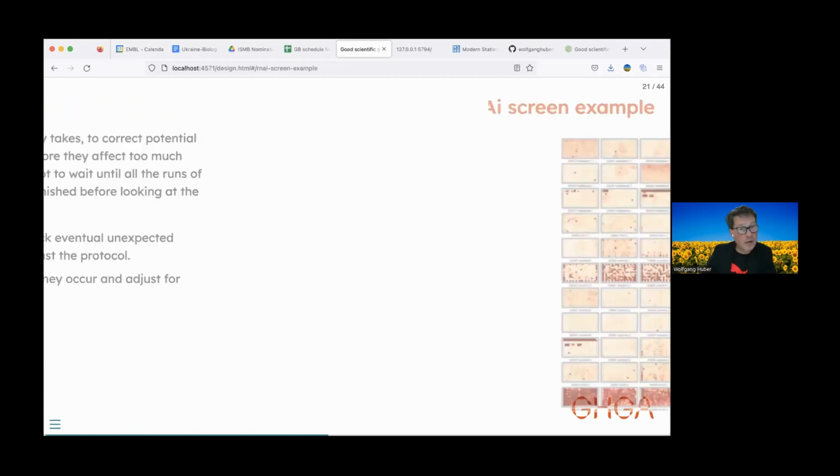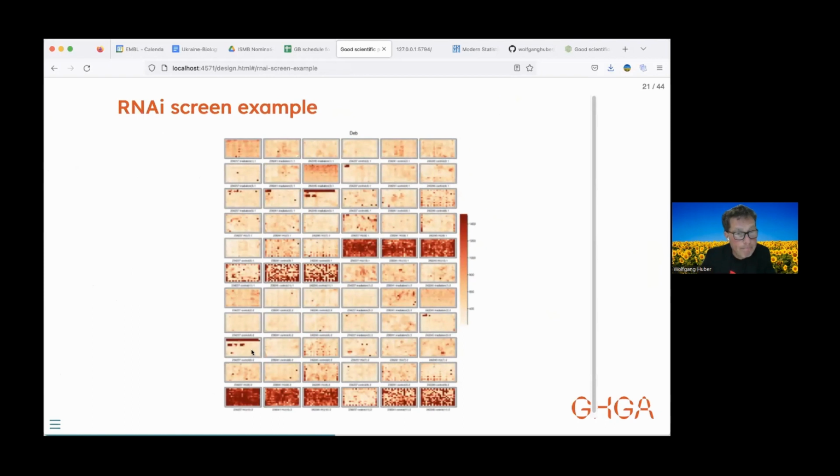And how do we keep track of this? I just want to highlight this example from a collaboration on an RNAi screen that we performed some time ago. What you see here are data from, I think, 60 384-well plates. Each of the little boxes corresponds to one 384-well plate, and the 384 pixels in each of those little gray boxes correspond to the 384 wells in the plate.